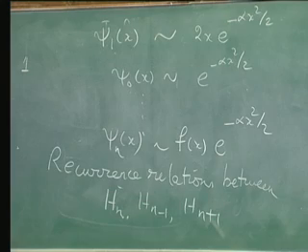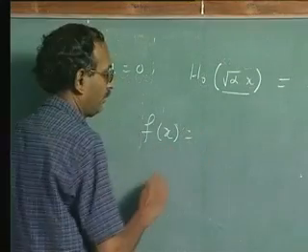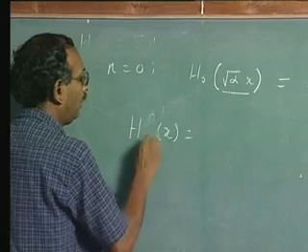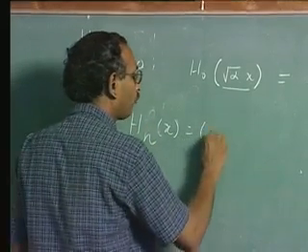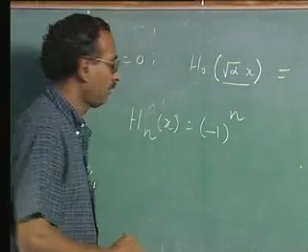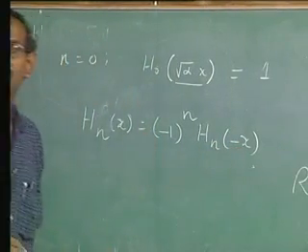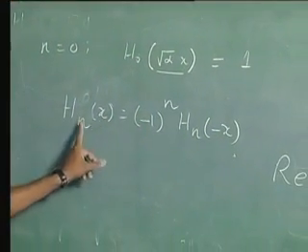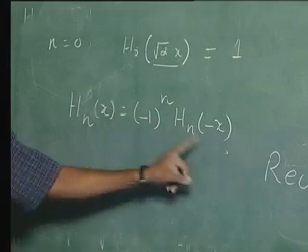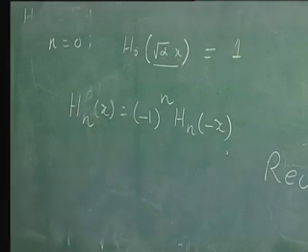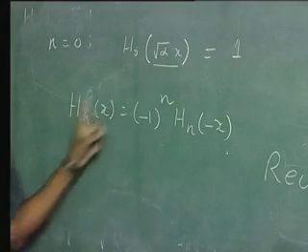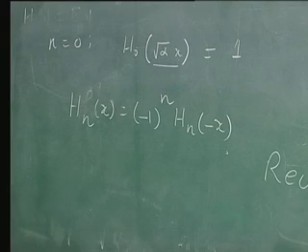So the relation here is, hn of x is minus 1 to the power n of hn of minus x, meaning that when n is odd, the function becomes the negative when x becomes minus x. So this is something that will again be important when we go further.